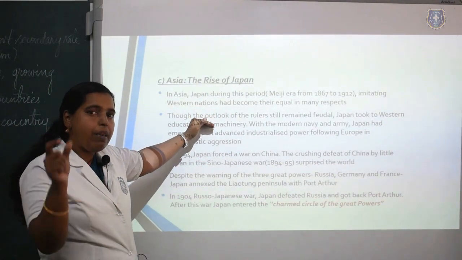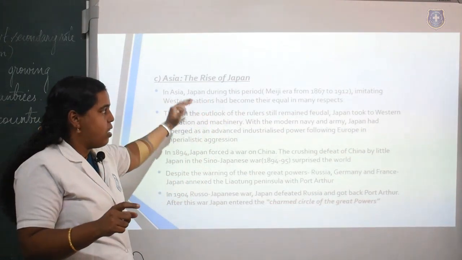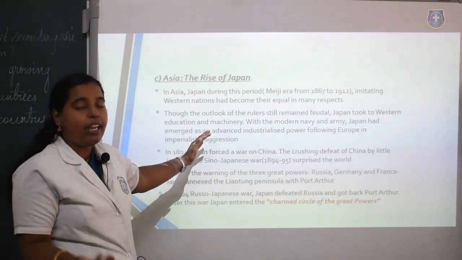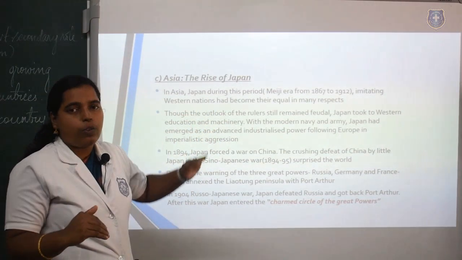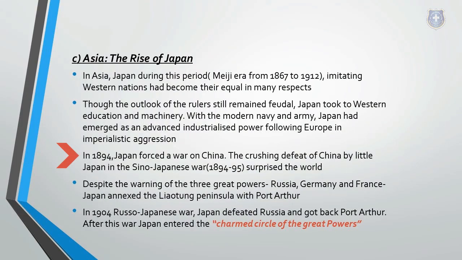So Japan may be a small country, maybe with a lesser population, but still Japan shows that it's very aggressive to become a dominating country and a capitalist country with all the equal aspects of the other dominating countries. Later Japan waged a war on China, and there Japan defeated China.